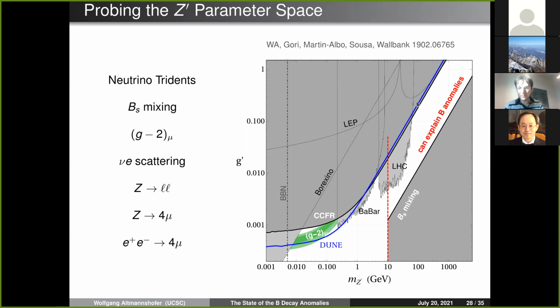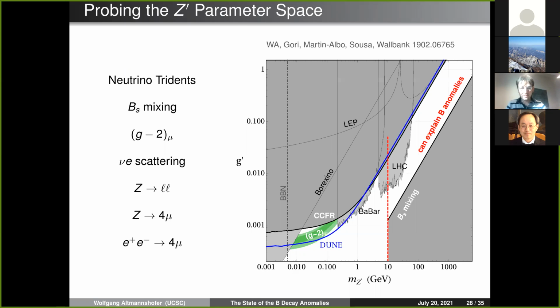And then you get other constraints for larger Z prime gauge couplings, for example, direct searches at the LHC, and then measurements from LEP, for example, of the Z to ll couplings, which are modified at the loop level when you have the Z prime present. There's also this CCFR bound, which corresponds to a process referred to as neutrino trident production. That is dimuon production in the scattering of a neutrino on a heavy nucleus.